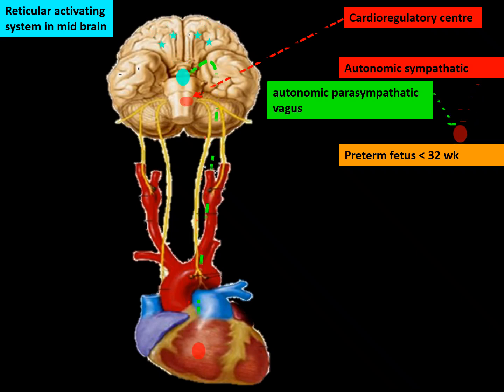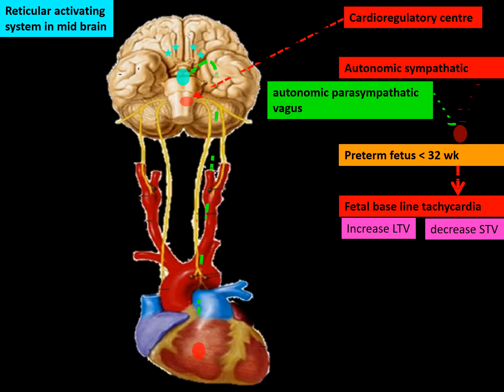In a preterm fetus of less than 32-week gestation, fetal baseline tachycardia will be there. That means the fetal heart rate will be around 160, not more than that. There will be an increase in the long-term variability and a decrease in the short-term variability. What we mean by increasing the long-term variability is that the cycling will be more in the long-term variability.